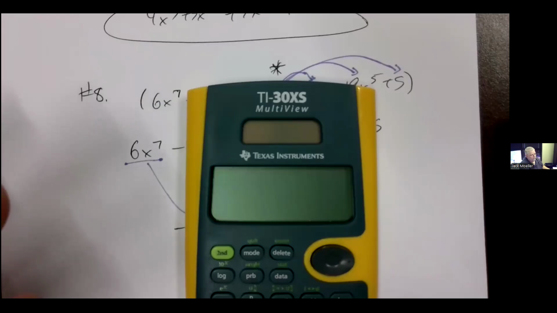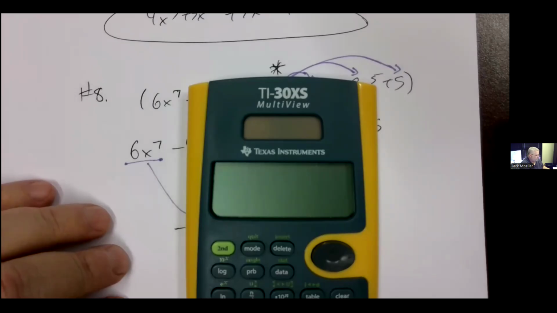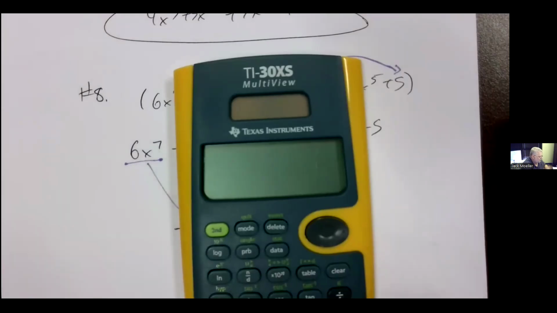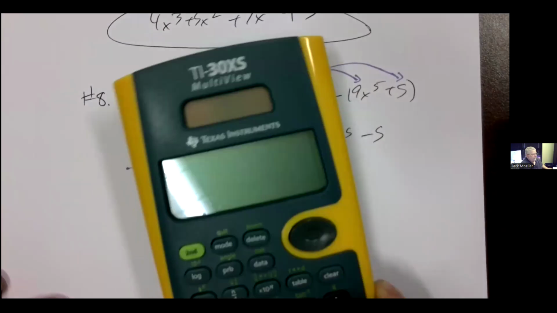If it's been a few months or a year or two since you've had a math class, don't be bashful about using your calculator, especially on things like negatives. My recommendation is, do it first without a calculator, then plug it in your calculator as a backup. But you are allowed to use these, so don't be bashful.